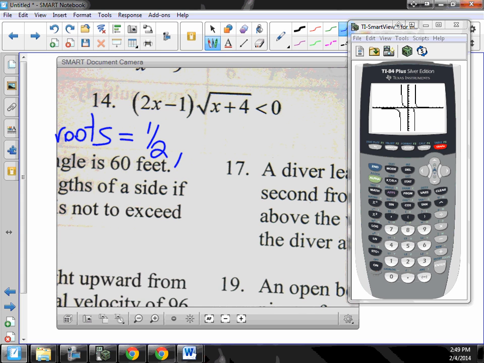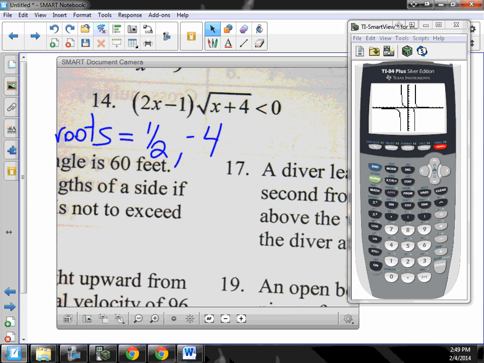Because the square root of 0 is 0, so the inside is made 0 by -4. I also know that part of the graph is not going to exist. Anything left of -4 does not exist. Okay? So I'm going to draw everything below the axis. Do the roots count? In this case, no.